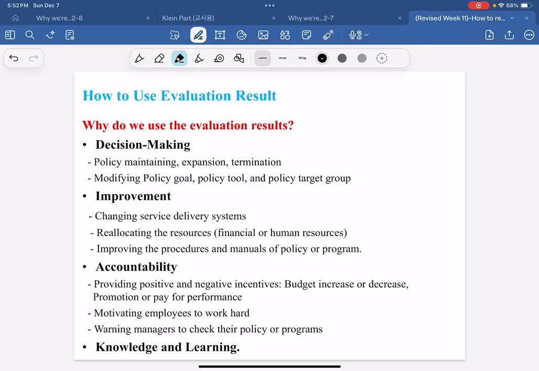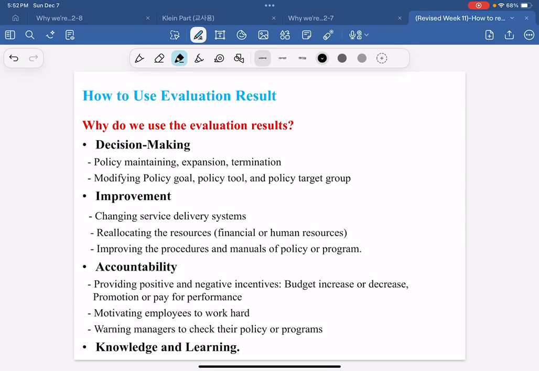The budget of a policy should increase or decrease based upon evaluation results. Also, some kind of new agencies may be created on the basis of evaluation results.